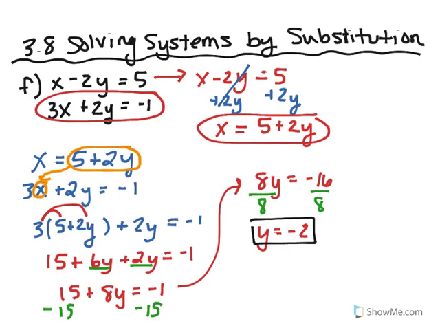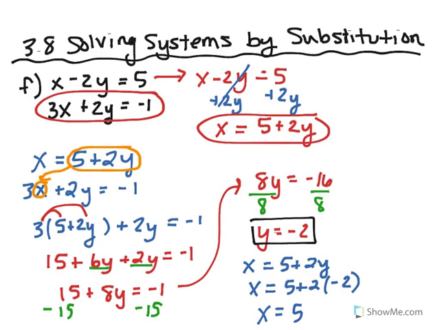So I'm going to take my y value and plug it into another equation to solve for my x. I'm going to choose the equation x equals 5 plus 2y to plug into. We just solved for y, so I'm going to plug in a negative 2 and get that x equals 5 plus 2 times negative 2.